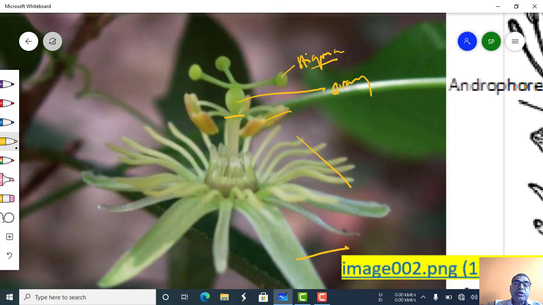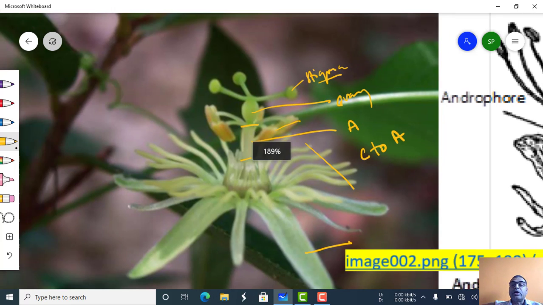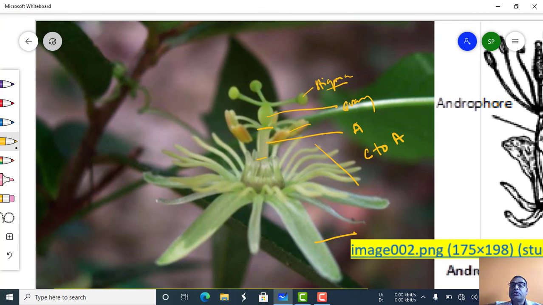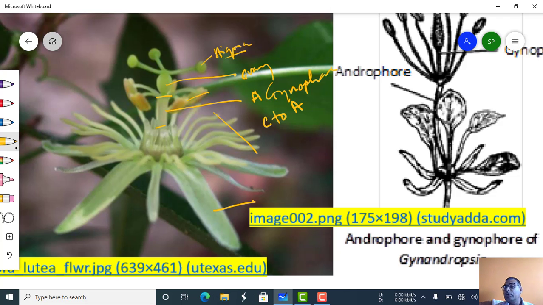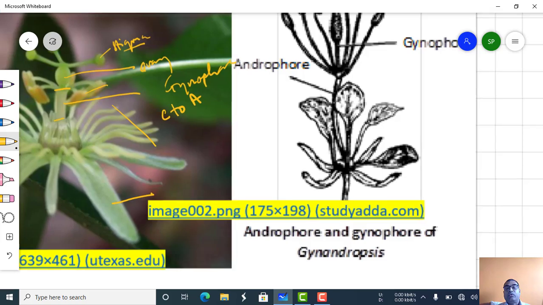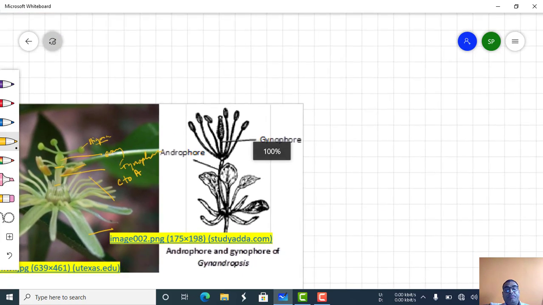This is the internode present between androecium and gynoecium, and this internode is called a gynophore.